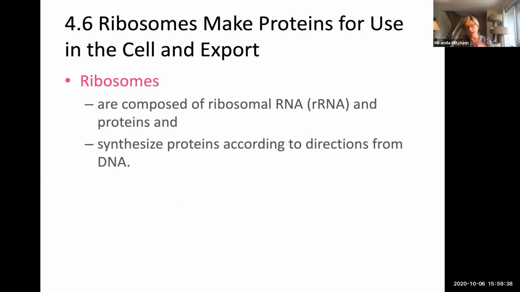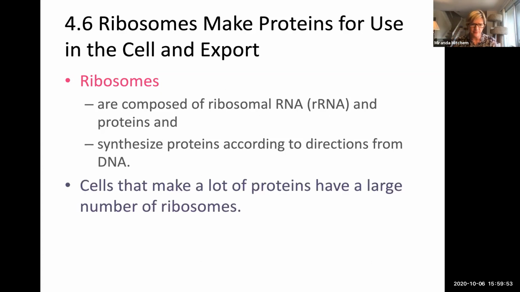And the job of any ribosome, regardless if we're talking about a prokaryote or a eukaryote, is to make protein. That's the job of all ribosomes, and it does this through that intermediate of the messenger RNA. So cells that are making many proteins have more ribosomes than cells that only make a little bit of protein, because the ribosome is the site of protein synthesis.